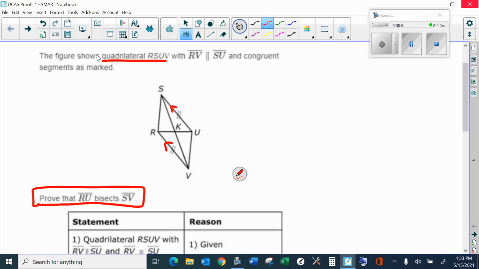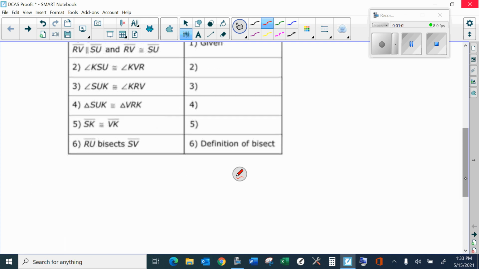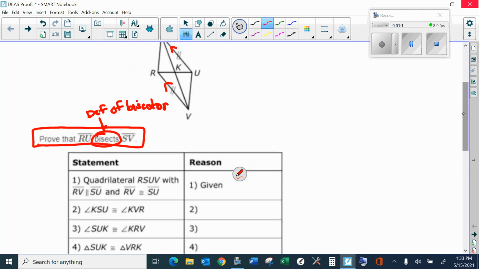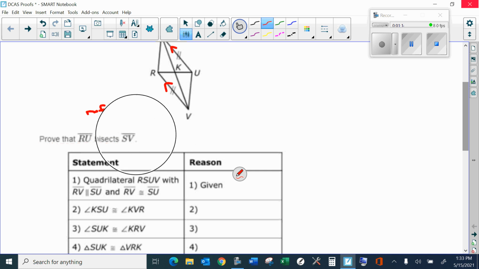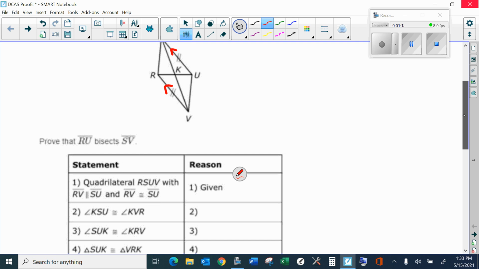Now, whenever you're trying to prove something that's got a vocab word in it, it's going to be definition of bisector as your justification or reason for that final step. And so if we look down here, notice it says definition of bisector. Whenever there's a vocab word involved in what you're trying to prove, it's always definition of that vocab word. Just know that in your final step.